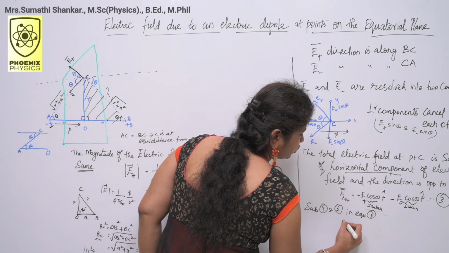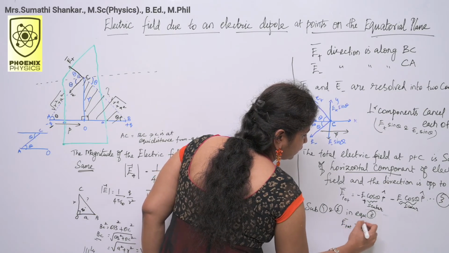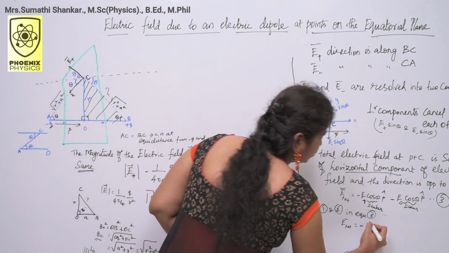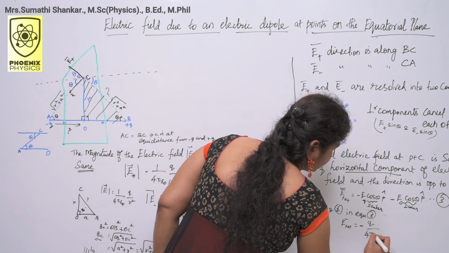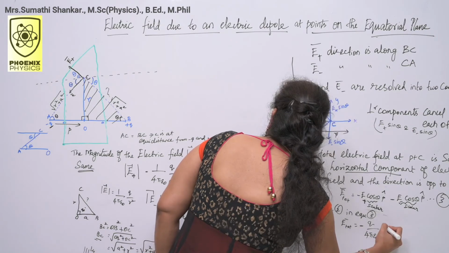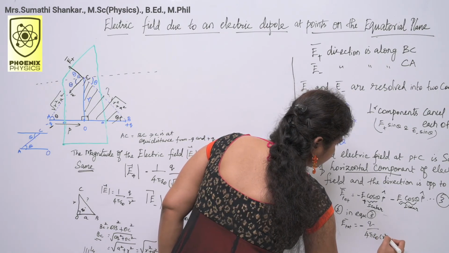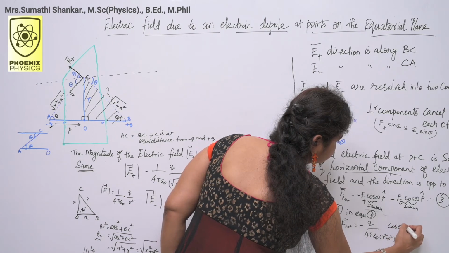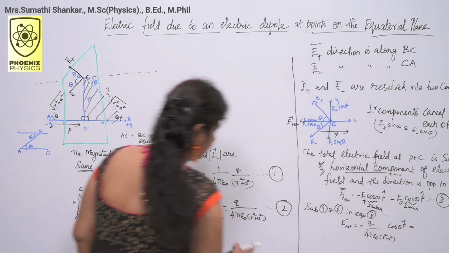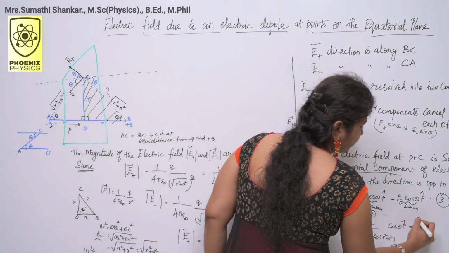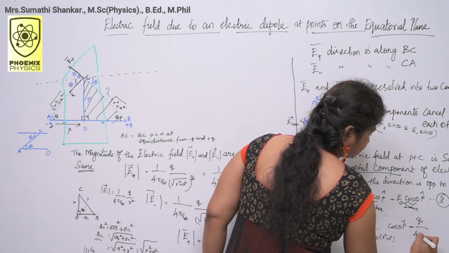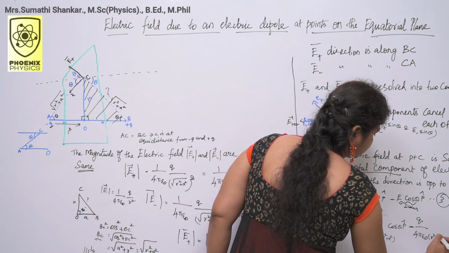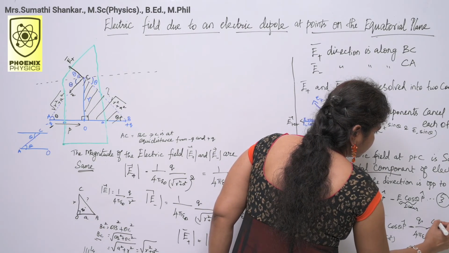That is, E total is equal to minus E plus, which is Q by 4 pi epsilon naught (R square plus A square) cos theta P cap, minus here Q by 4 pi epsilon naught (R square plus A square) cos theta P cap.